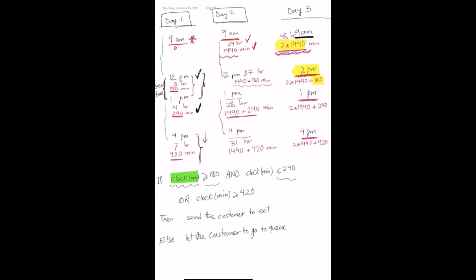Now at 1 p.m. I'm 4 hours past the start of the morning, and 4 hours is equivalent to 240 minutes. And then at 4 p.m. I'm 7 hours past where I was at the start of the day. Okay, and 7 hours is equivalent to 420 minutes. So I added 420 to this number, which represents the simulation time at the start of the day in day 3.